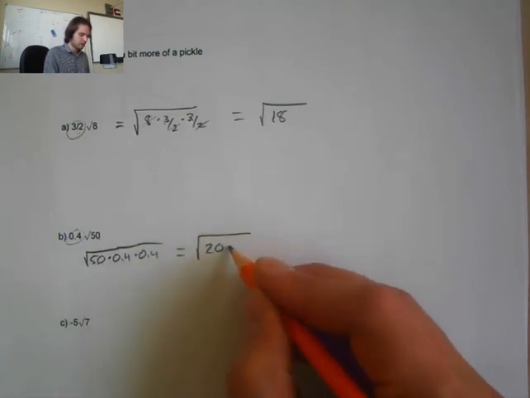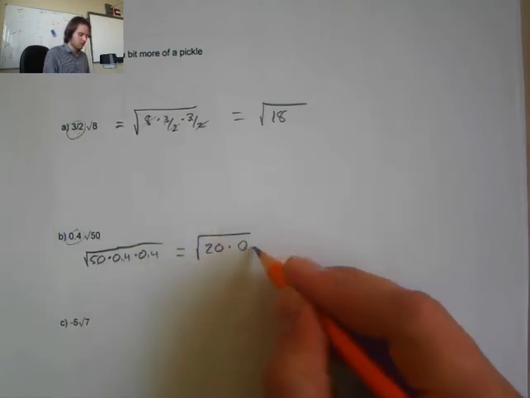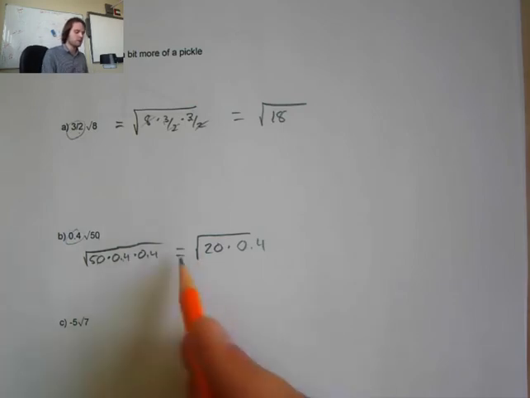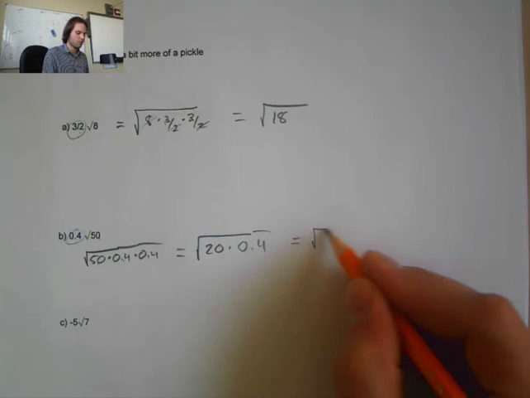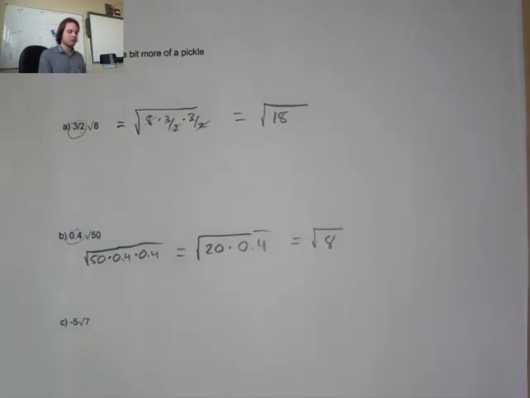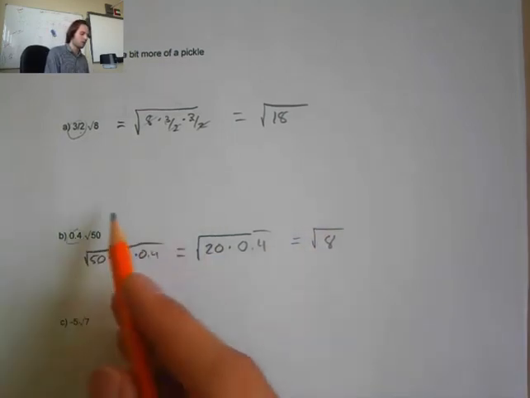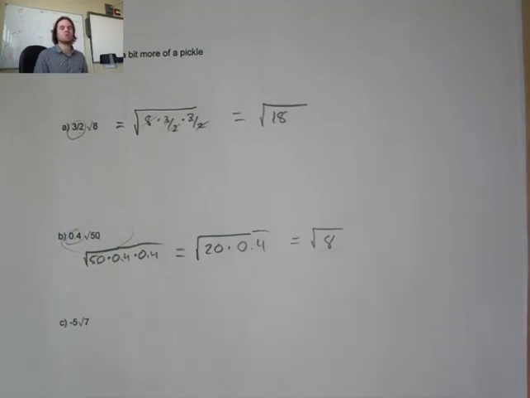Okay, then we have to multiply this by 0.4. Okay, 20 multiplied by 0.4 is going to give me a total of square root of 8. Now this here could be simplified and brought down into a mixed if we want, but I'm just going to leave it like that.